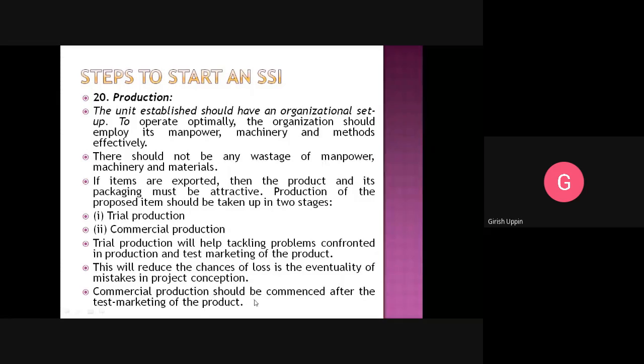Commercial production is nothing but these products going to hit the market. Commercial production should be commenced after the test marketing of the product. So there should be a successful trial production and a successful test marketing of the product. After those two stages, the commercial production can start.